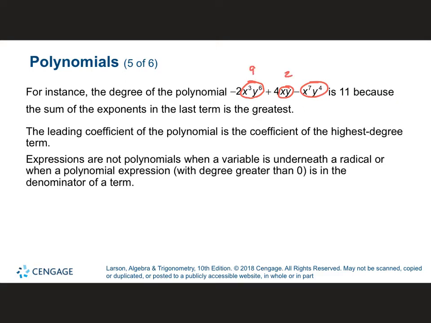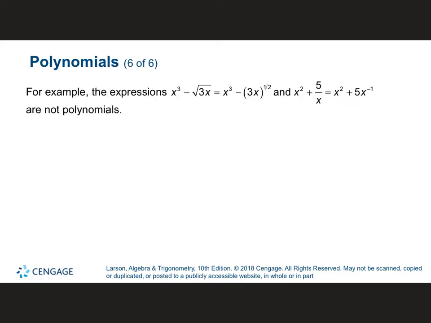This sum would be 2 because x to the first, y to the first. And this sum would be 11. So 11 would be the degree because that is the greatest sum of the exponents. The leading coefficient is always of the highest degree, so your leading coefficient would be negative 1 here. And if you didn't have a variable or something, that's totally different. We'll talk about that later.